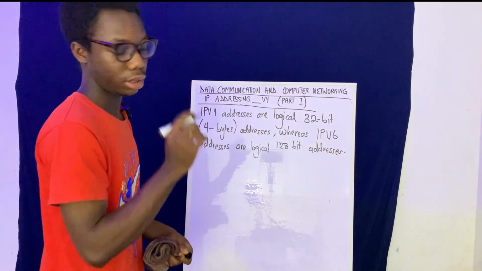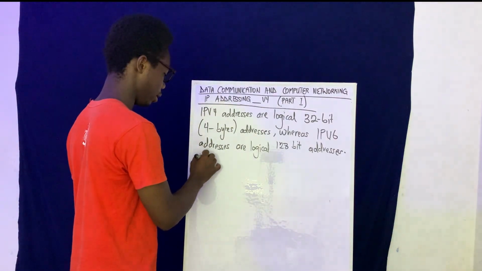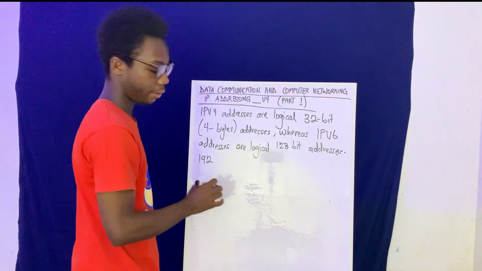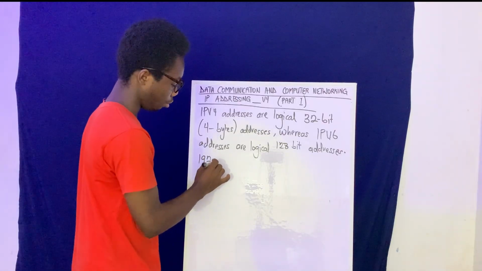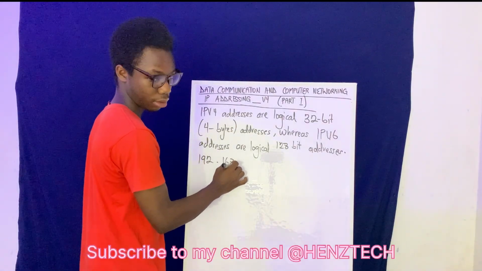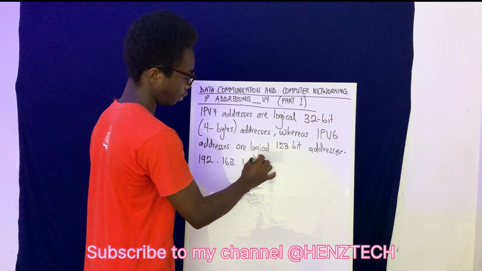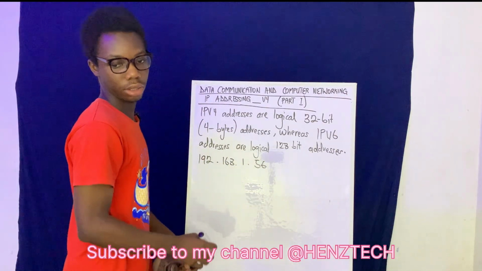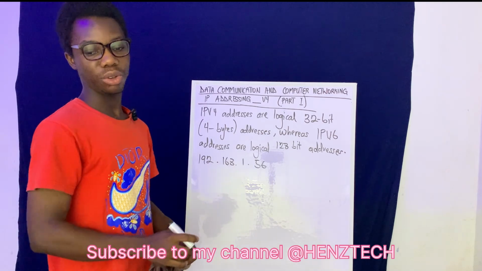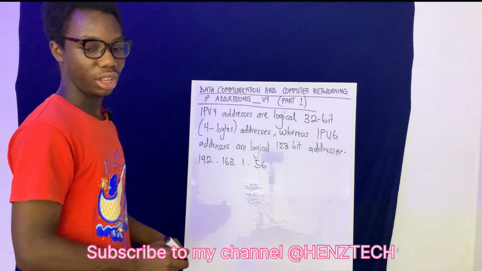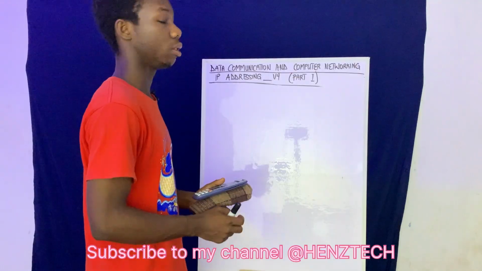Now let's take this: 192.168.1.56. How do we convert this into binary?